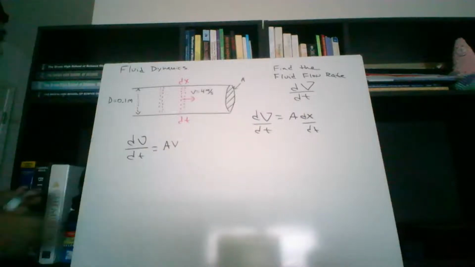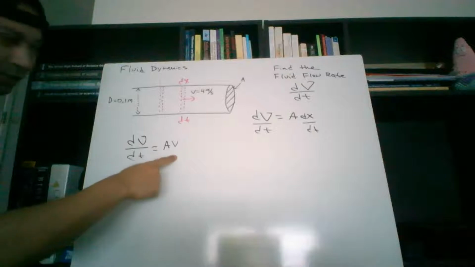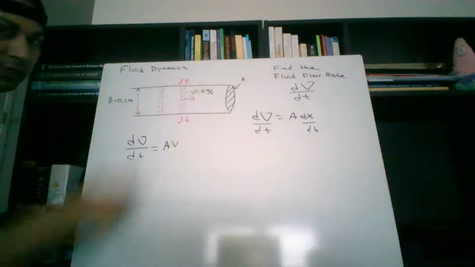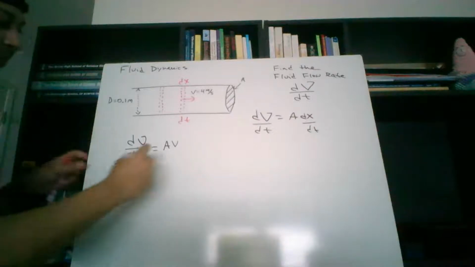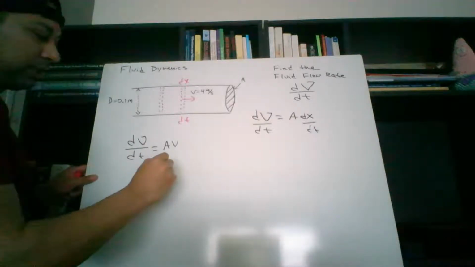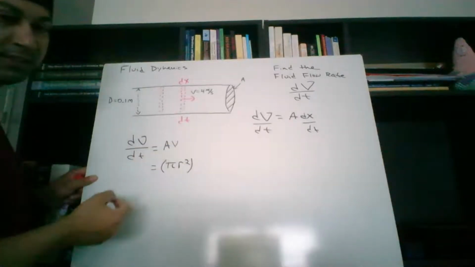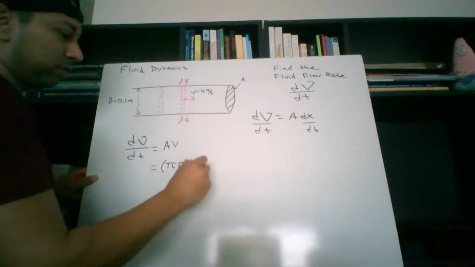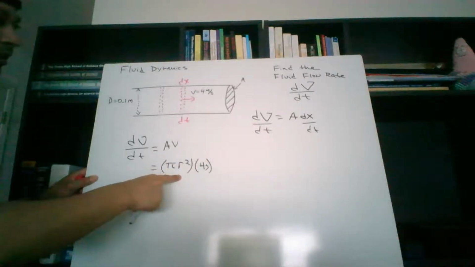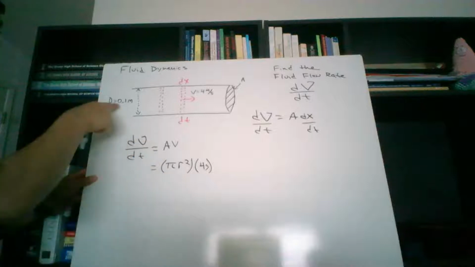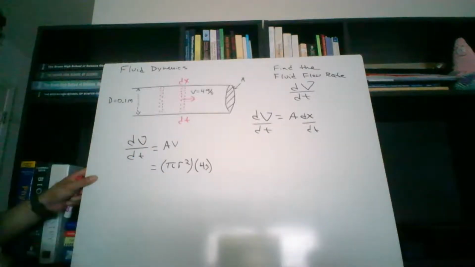We could solve for it now. We know what the area is, and we know what the speed of the water flowing in this direction is, so we just plug it in. We would get area, which is equal to pi r squared, multiplied by the velocity, which is 4 meters per second. And r is equal to half of this, so 0.05 meters.